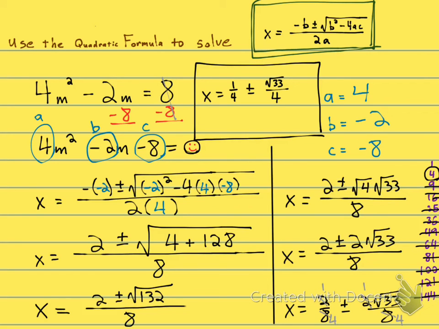Now you can leave your answer just like this. You don't need to have it as 1 fraction. If you did want to put it as 1 fraction, it would look like this. X equals 1 plus or minus square root of 33 all over the same 4. Realizing that this is 2 different numbers. It's 1/4 plus square root of 33 over 4, and then 1/4 minus square root of 33 over 4.